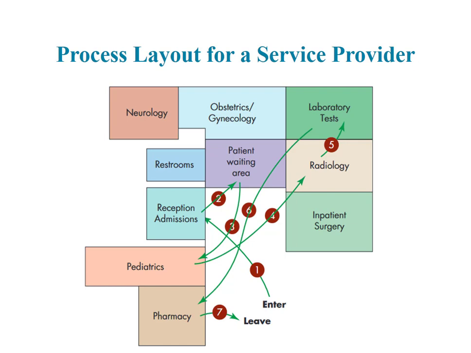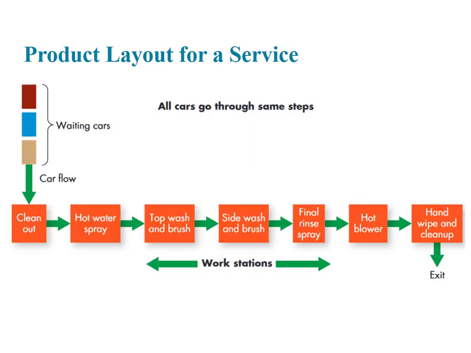Once they're done, they come through the pharmacy and then they can leave. So a lot is going on in this process layout, but it's necessary so we can see that flexibility advantage. Whereas if we were doing a product layout such as an assembly line, this wouldn't make much sense at all because it's all over the place.